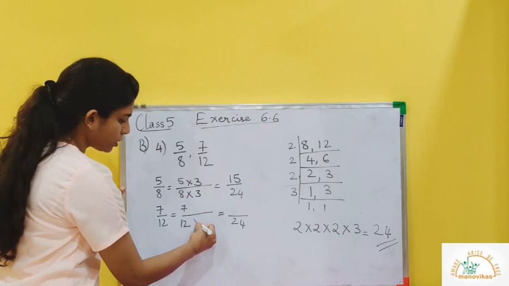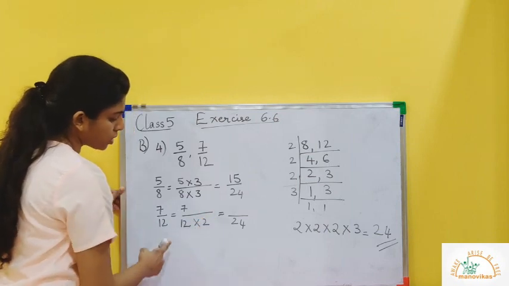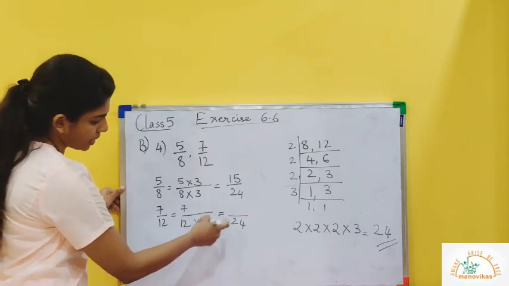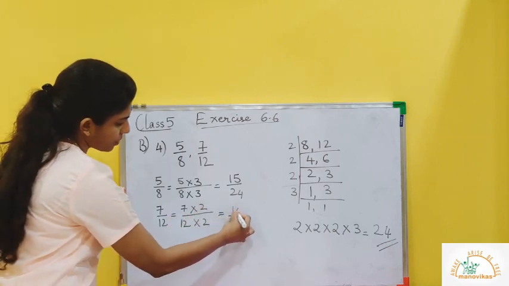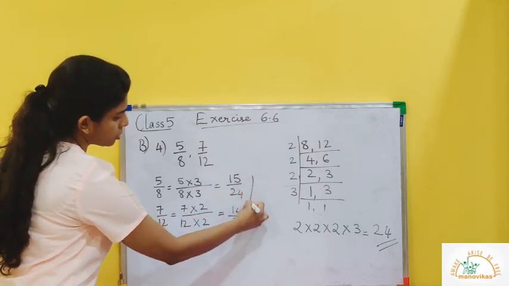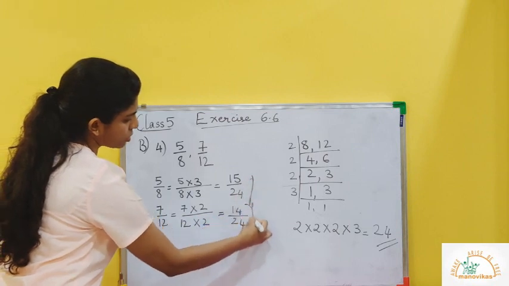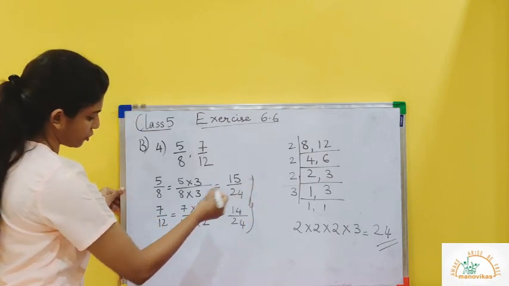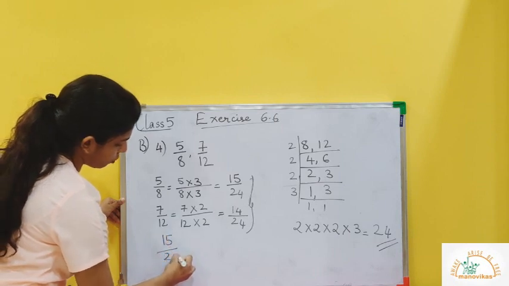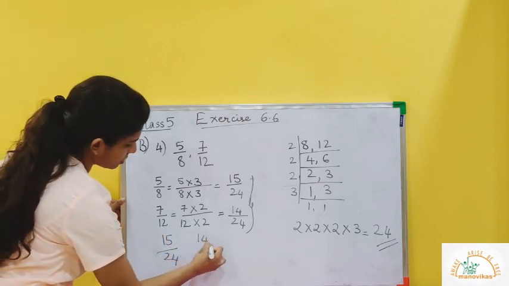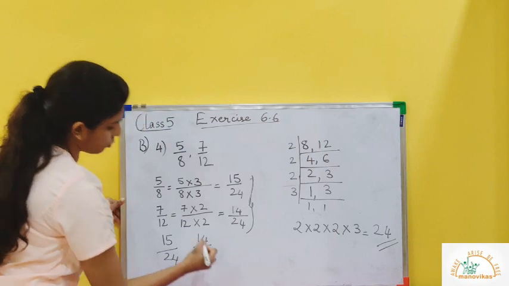So 12 into something, yes, it is 2. 12 2s are 24. So 7 2s are 14. So we got two fractions now. So I will write 15 upon 24 and 14 upon 24.